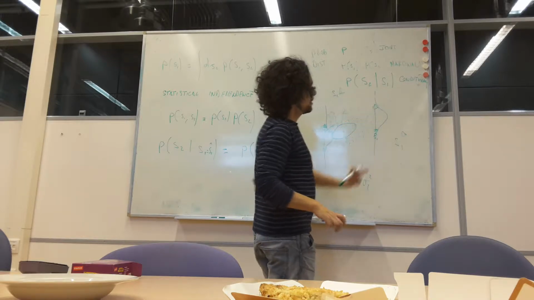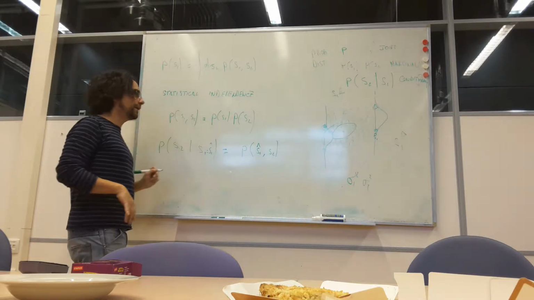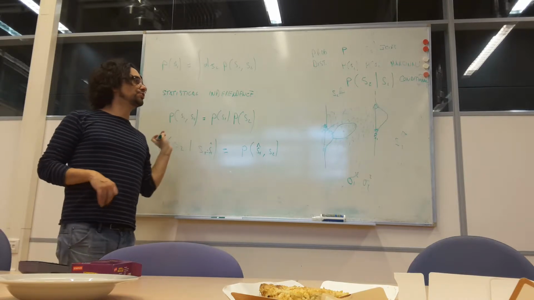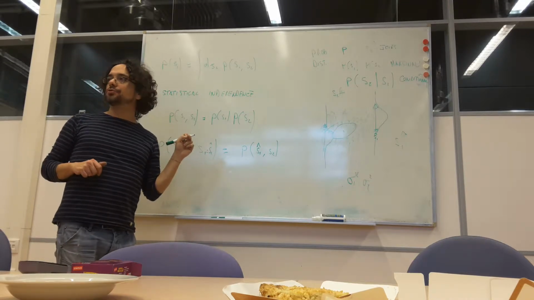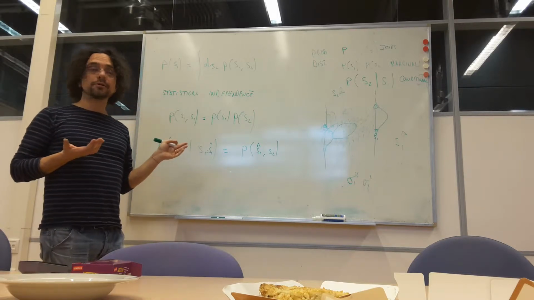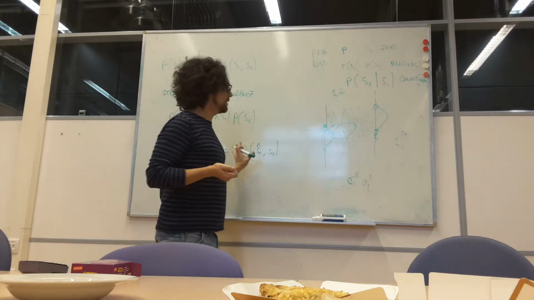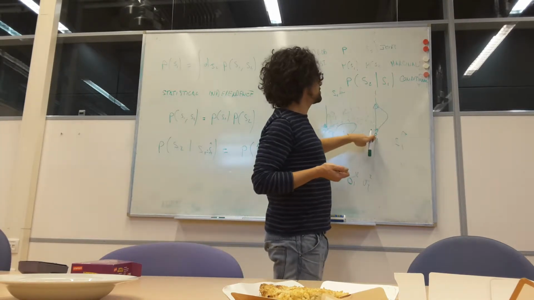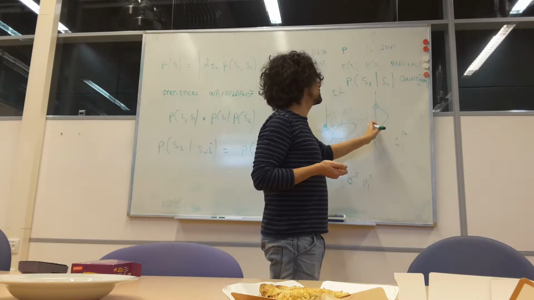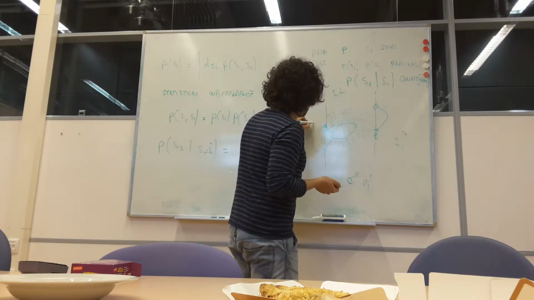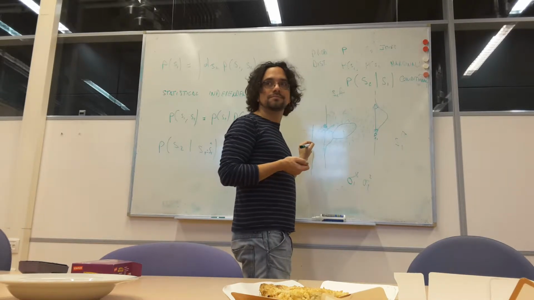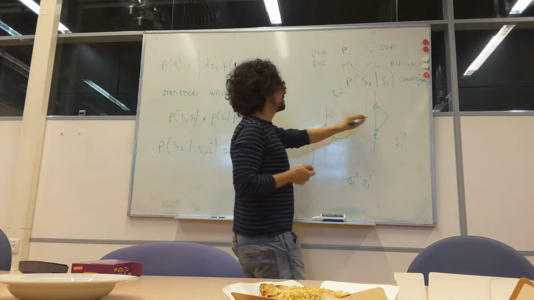So am I done? No. Why? You remember that a probability distribution, to be a good one, has to add up to 1. However, the total area of this section will depend on where I cut it. If I cut the section here, I get a tiny area, and here I get a bigger area.